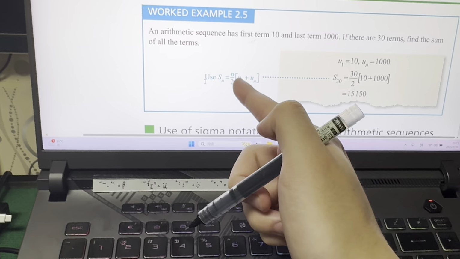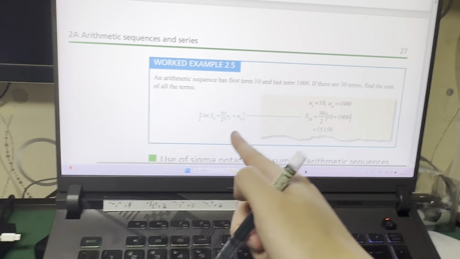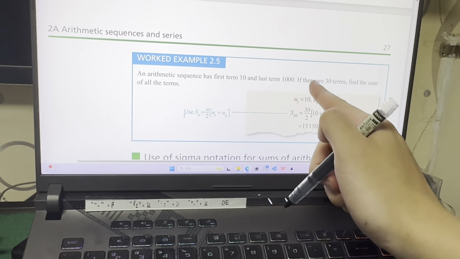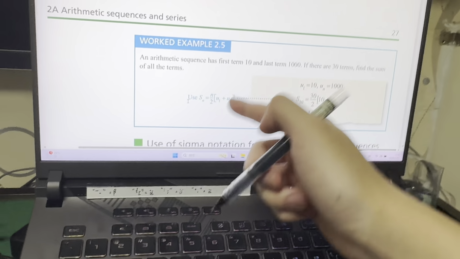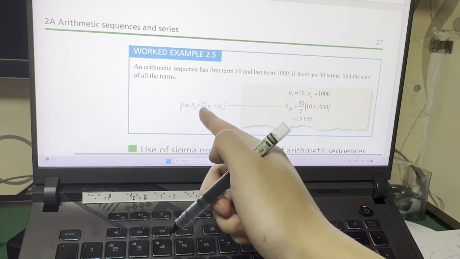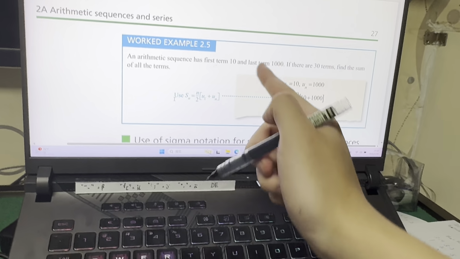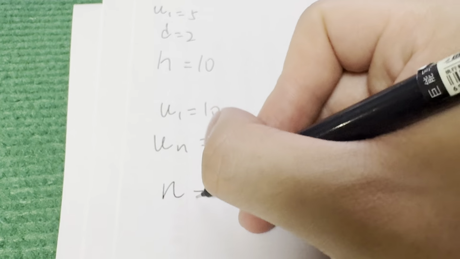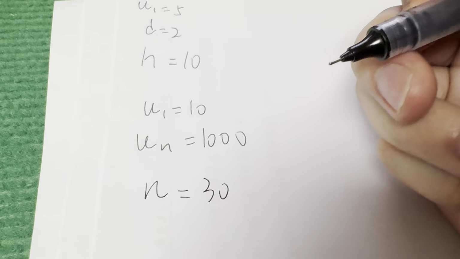So we know u1 is 10, un is 1000, and there are 30 terms. So we know how much n is. u30 is 1000, but it's not really important right now. n is equal to 30. So we know u1, un, and n.